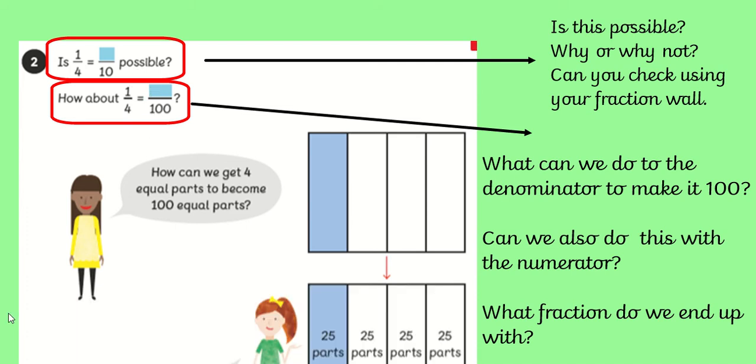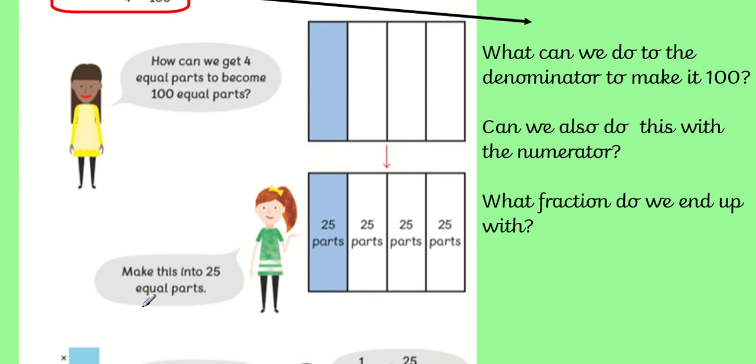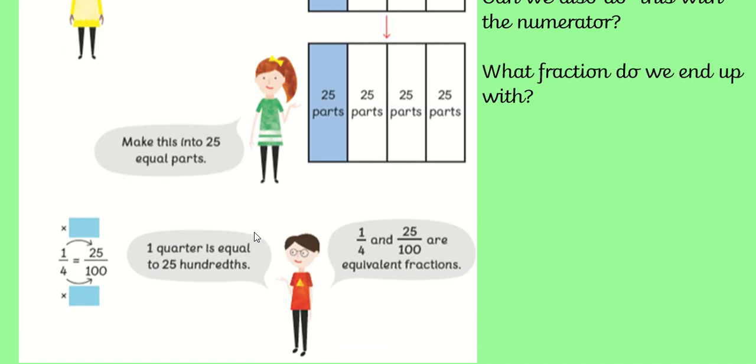Let's see if that works on our fraction wall. Okay, this has been split into quarters, and we've got 1 quarter highlighted. This has been split into 25 parts. It's the same, 25 hundredths. 1 quarter is equal to 25 hundredths. 1 quarter and 25 hundredths are equivalent fractions.